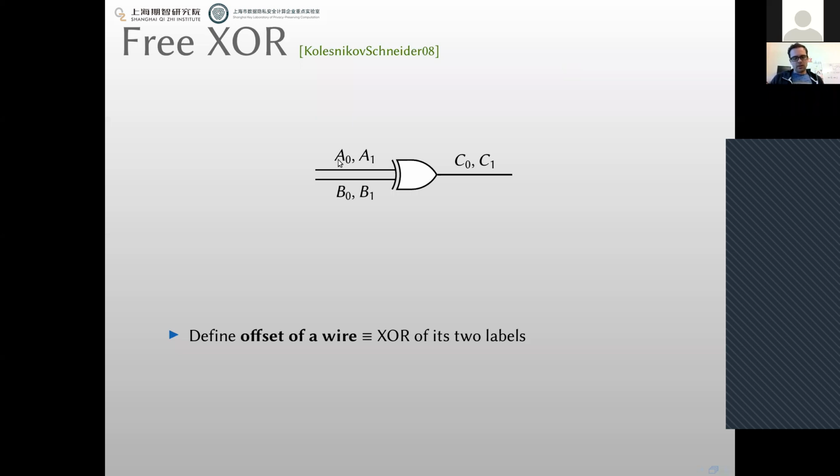Previously we were just thinking about the false label and the true label. Those are the important things on a wire. I want to introduce a new value on the wire that's also important, and that's just the XOR of these two wire labels. I'll say that the offset of this wire is A0 XOR A1.